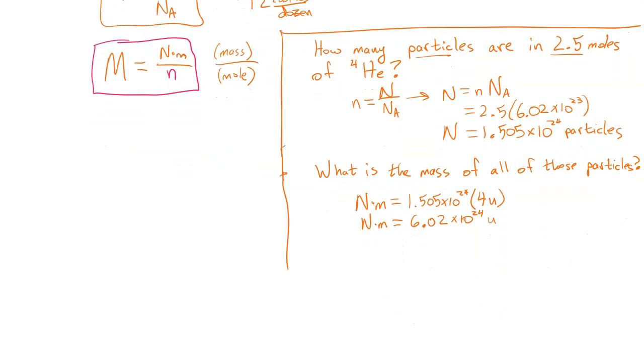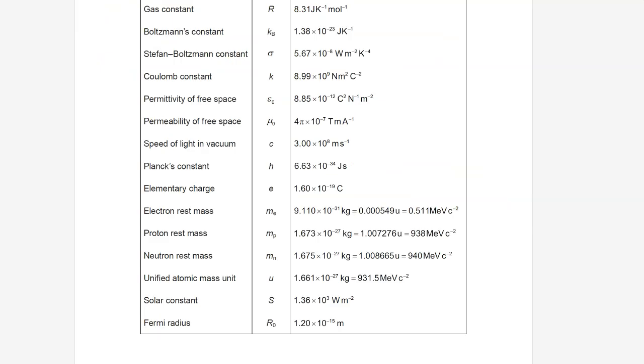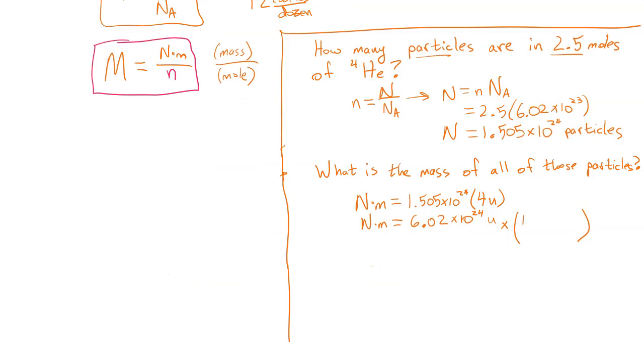6.02 times 10 to the 24 U. If you wanted that in grams or kilograms, we could do a conversion. If you look in the data booklet, there is a conversion given for unified atomic mass unit into kilograms. It's 1.661 times 10 to the negative 27 kilograms. So 1.661 times 10 to the negative 27 kilograms is 1 U. And then I would know the mass in kilograms is 0.00999922 kilograms.